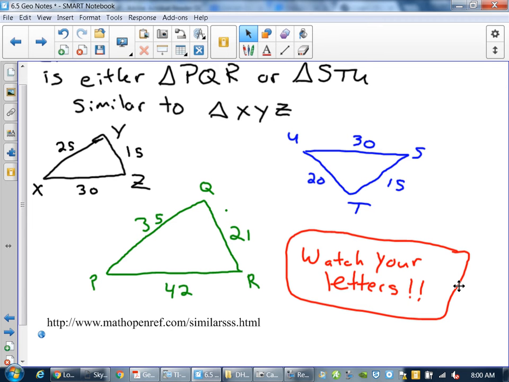The easiest way is to check by knowing which side length is the longest, the shortest, and the medium, and match those up. My suggestion: we're trying to see if something is similar to XYZ, so first of all, write out the XYZ triangle.